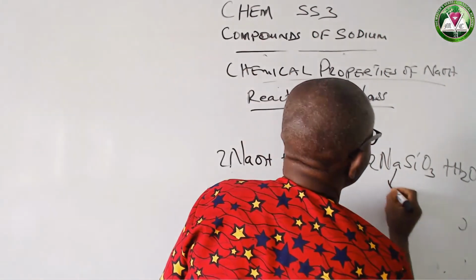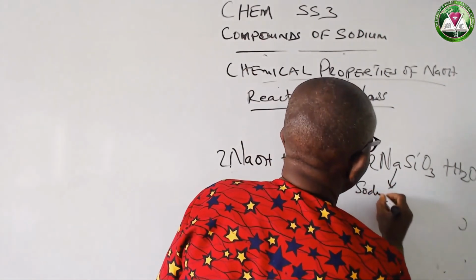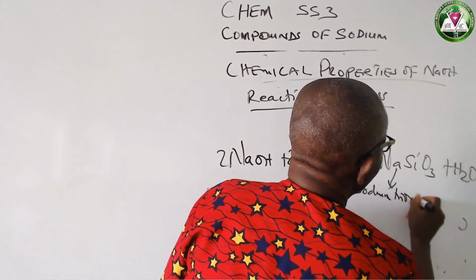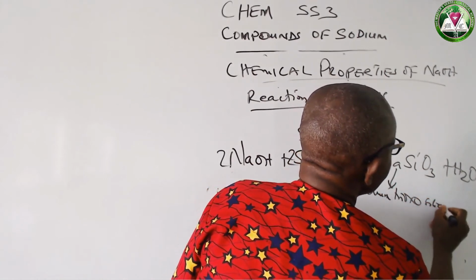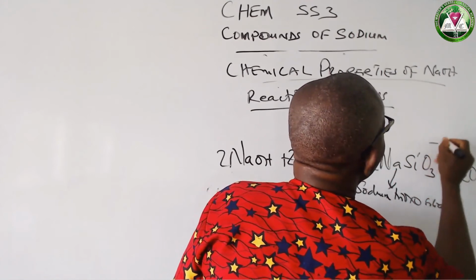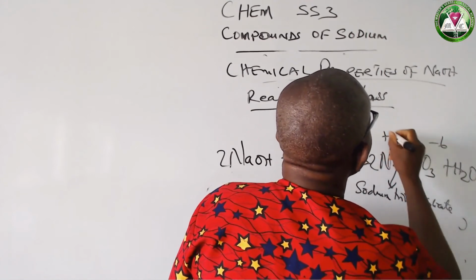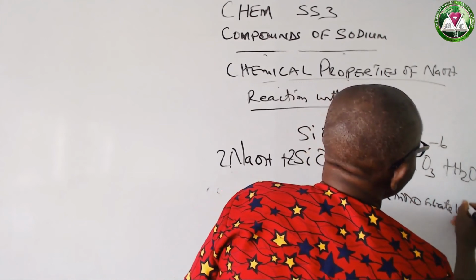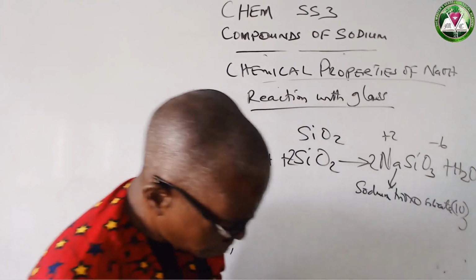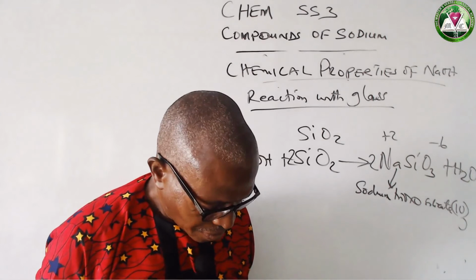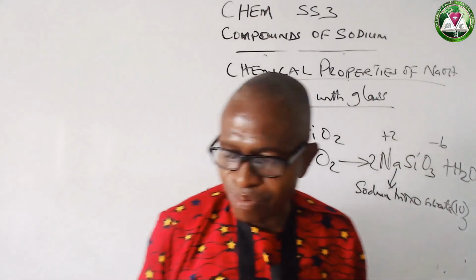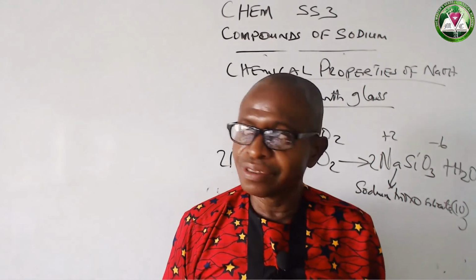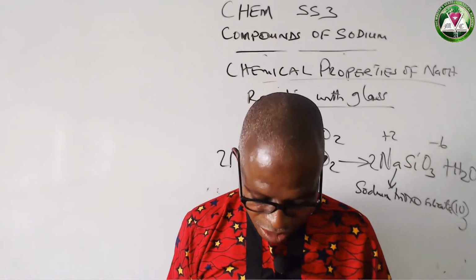This compound is called sodium silicate. Therefore, you don't use glass stoppers or rubber stoppers to cork your sodium hydroxide.